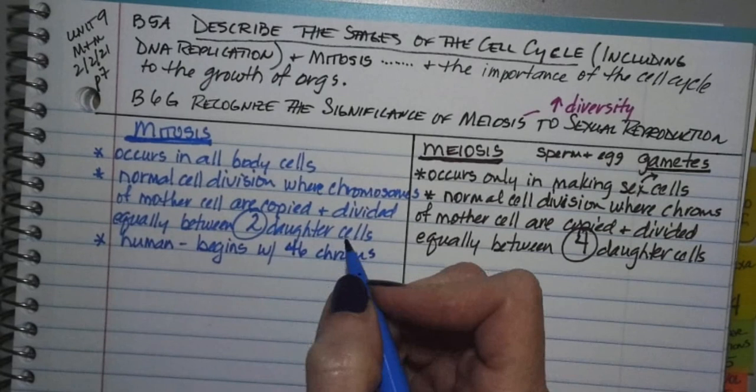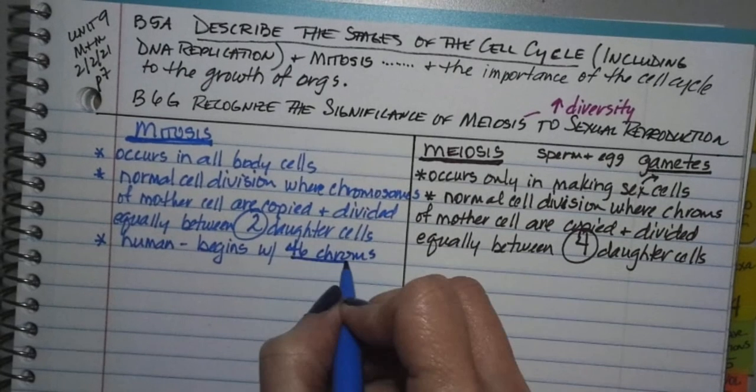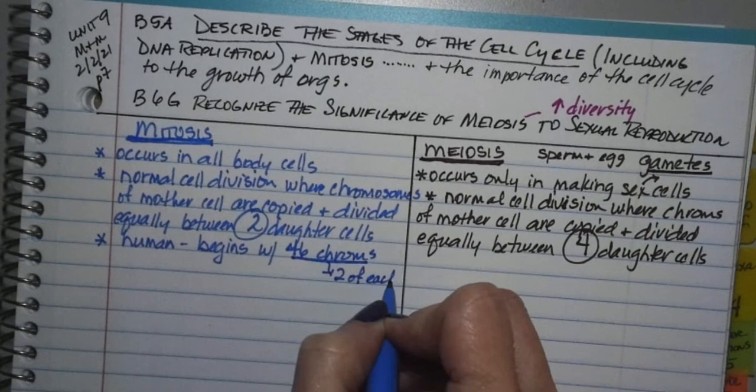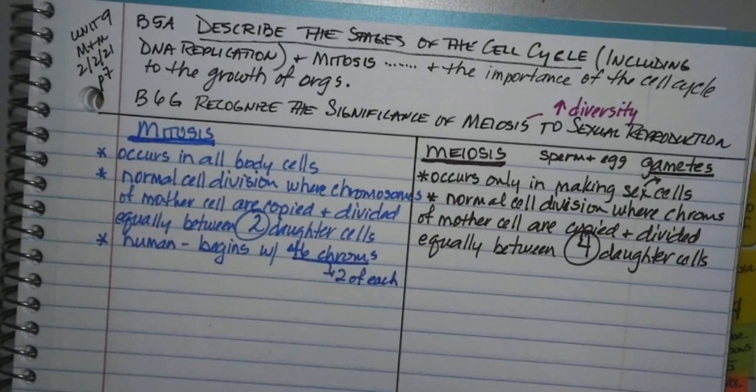So again, 2 of the number 1s, 2 of the number 19s, 2 of the number 21s. You have 22, they're called 22 pairs of autosomes, so that's 44 autosomes, and then the last 2 chromosomes are special because they determine whether you're male or female, so they call those the X and the Y chromosomes. Okay? So of your 46, 23 pairs of chromosomes, one of those pairs isn't numbered. They're called X and Y.